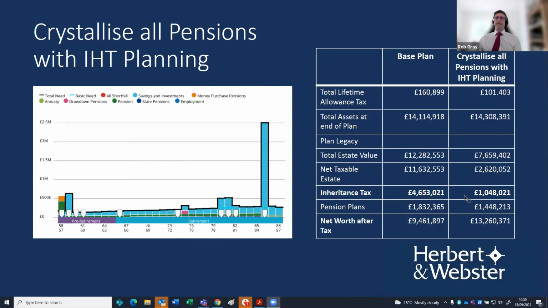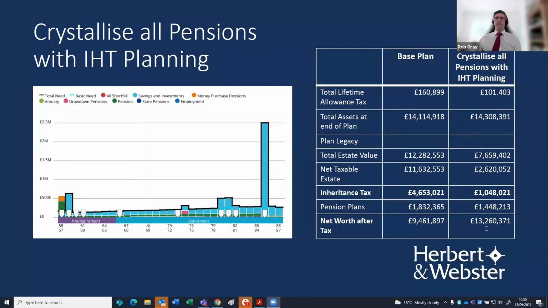So the actual inheritance tax charge at the end would be 1 million, as opposed to more than 4.5 million. And the pension plan's value there is still the 1.4 million. So the net worth after tax increases from 9.5 to 13.2 million.